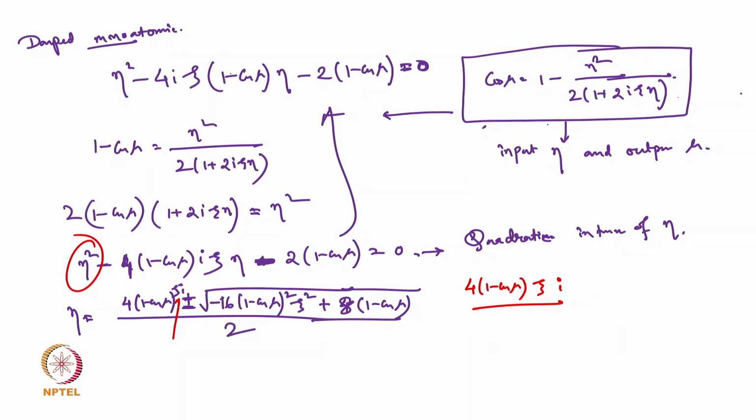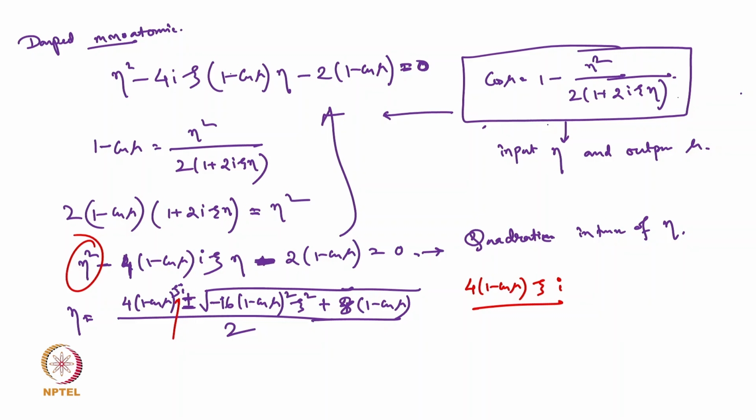This portion may become 0 in some cases, but still you always have an imaginary part. In some cases cos mu could become 1, and then also it will become 0, so that the real part can be gone. Or if xi is 0, then also it will be real.